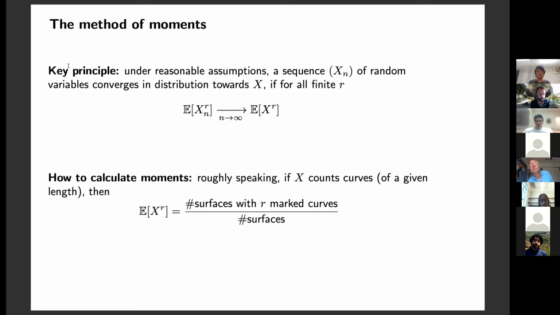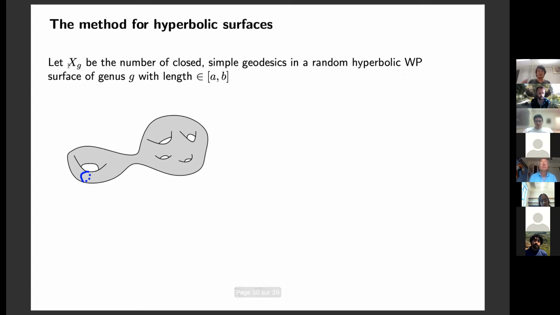Obviously, this is very roughly speaking, and it's not properly defined, especially for hyperbolic surfaces, because there's no such number. It's not a finite number of surfaces, but there's something close enough.